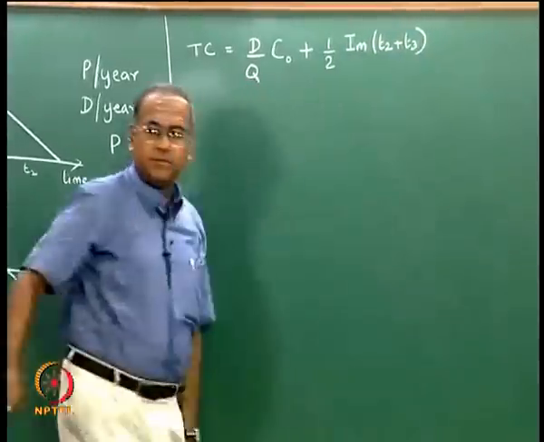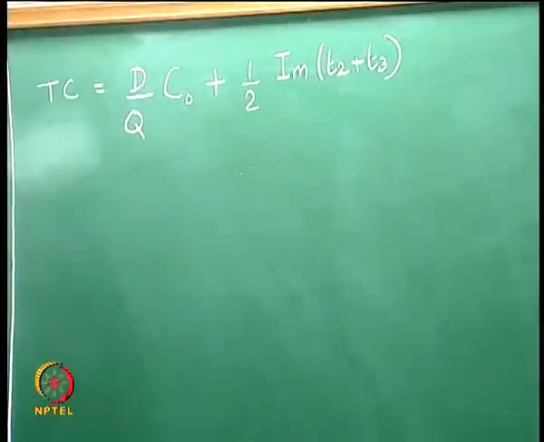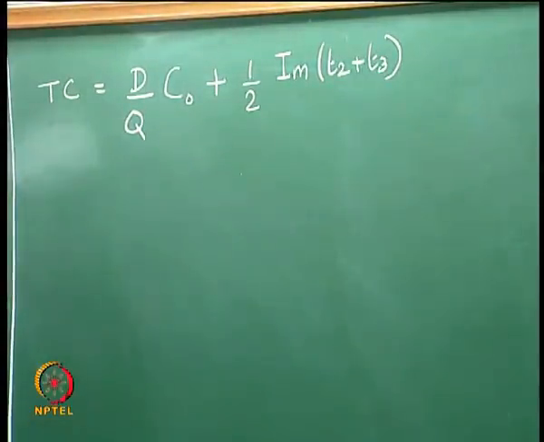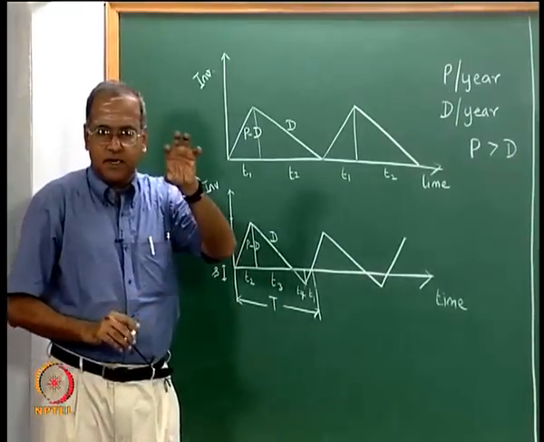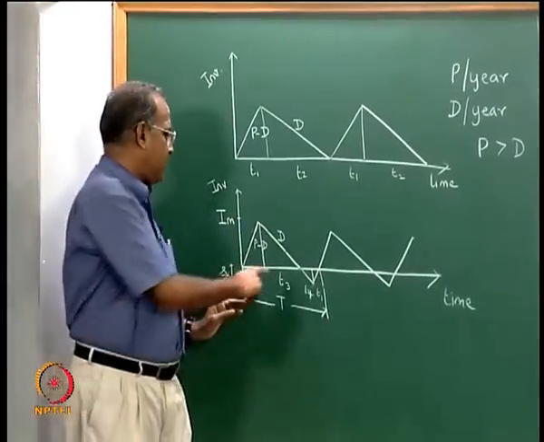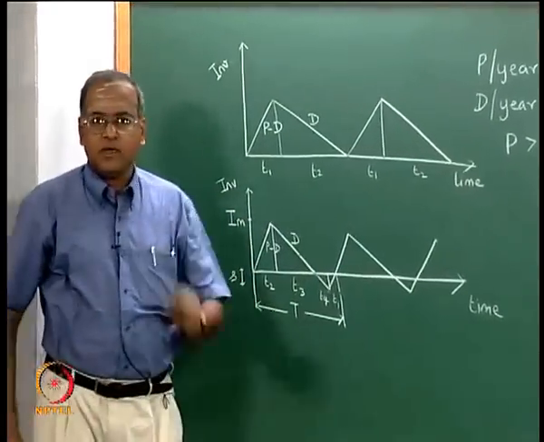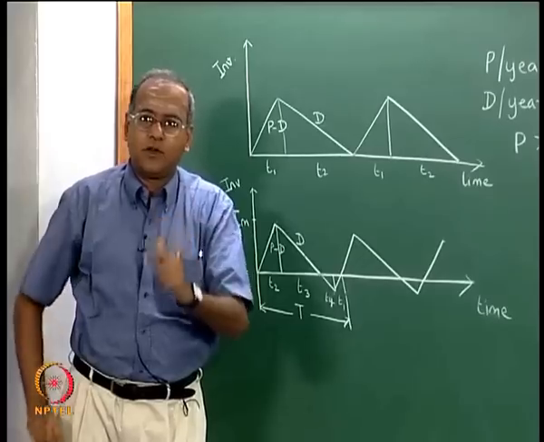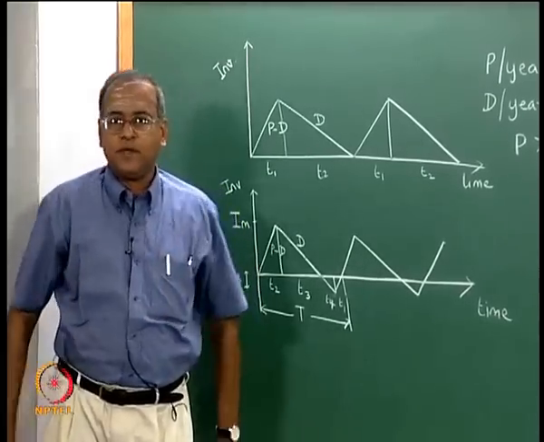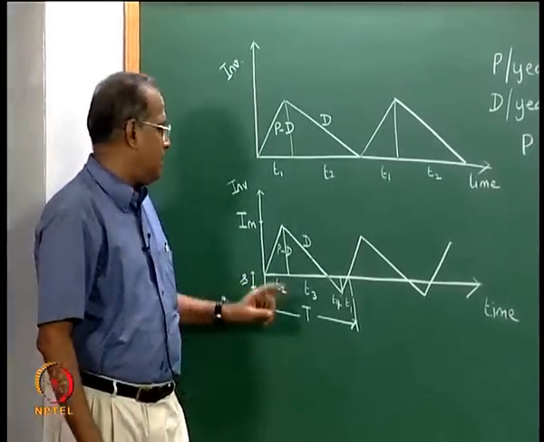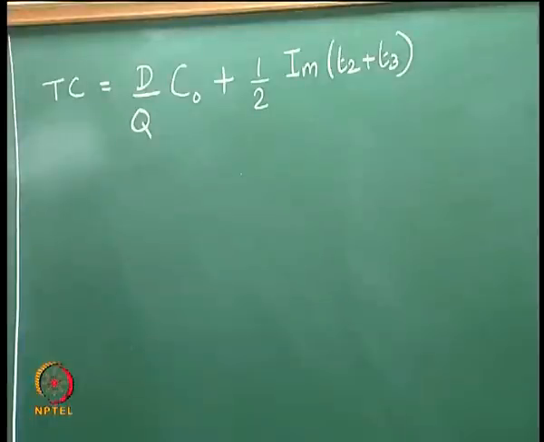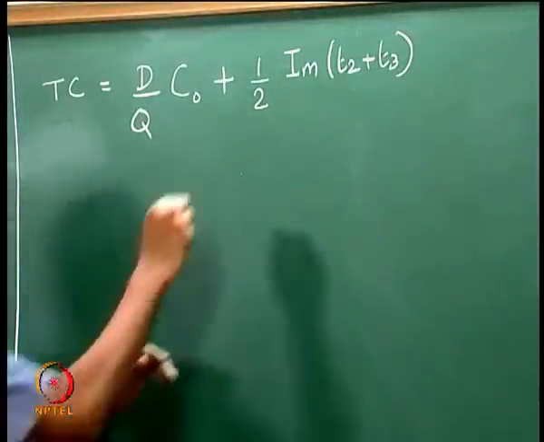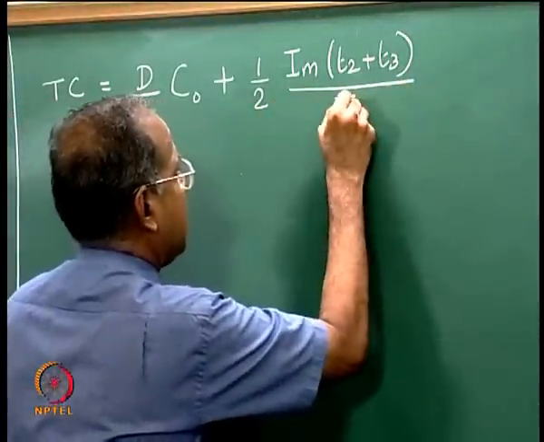But in every cycle the cycle length is capital T. So this much inventory is held for a period T2 plus T3, 0 inventory is held for the period T1 plus T4. So average inventory will be half into IM into T2 plus T3 plus 0 into this, divided by capital T. So we get divided by another capital T.